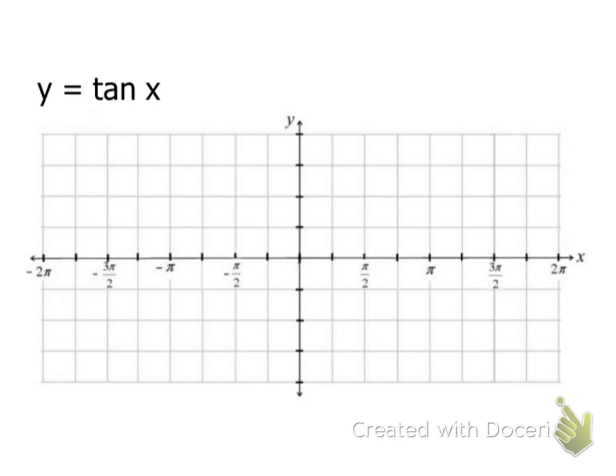Tangent. Tangent is sine over cosine. Let's think about that for just a second. If I were graphing sine on this graph, it would start at 0. And if I were graphing cosine, it would start at 1.